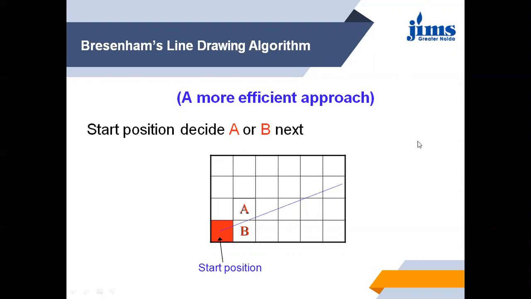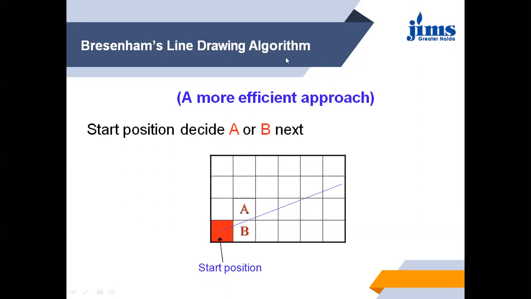We have to find out the value of the next pixel, and for that we have to compute a lot of calculations. This is the problem in DDA, that computations are too high. So Bresenham's line drawing algorithm is the answer to DDA. It is a more efficient approach than DDA.